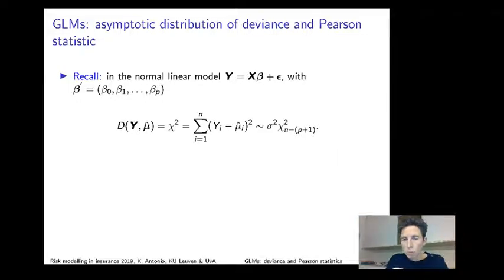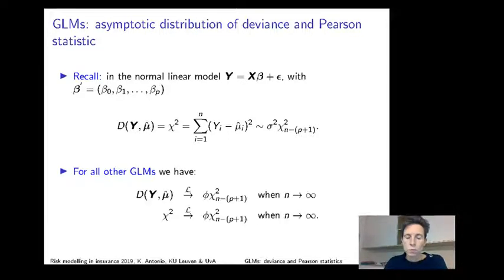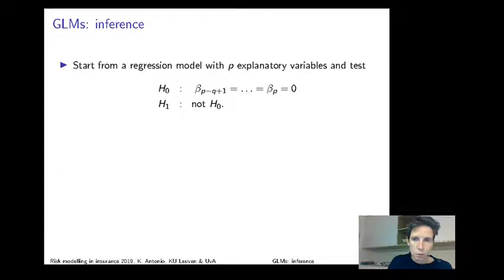And here n is the number of observations in the sample, and p plus 1 is the number of regression parameters which are estimated. So that's an intercept plus p regression parameters to capture the effect of covariates in a linear predictor. This result generalizes in the GLM setting as follows. That is, both the deviance as well as the Pearson statistic have an asymptotic distribution that equals the dispersion parameter, phi, of the GLM, times a chi-square distribution with degrees of freedom n minus (p plus 1). So that's a useful result.